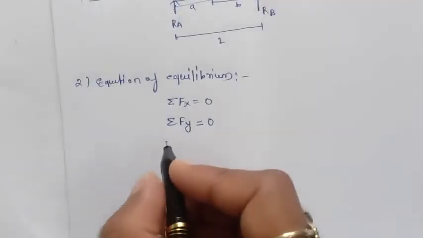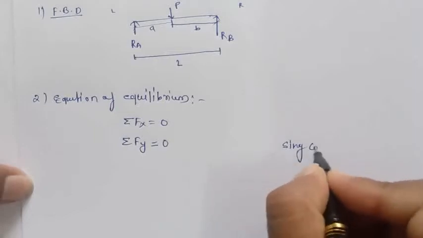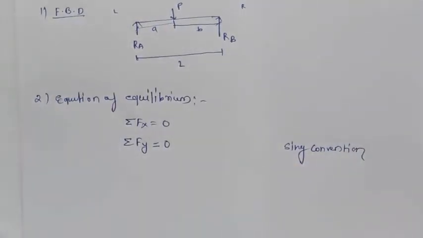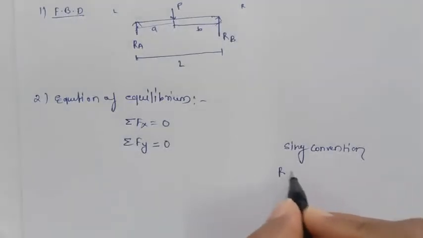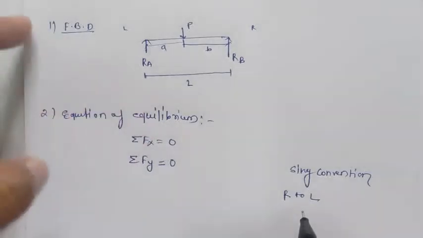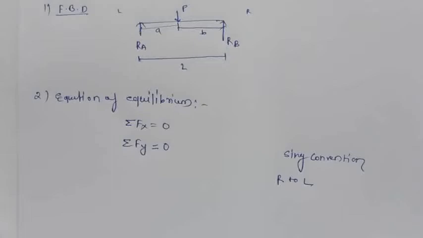Here the vertical forces are taken as per our sign convention. I'm moving right to left in this simply supported beam; you can move from left to right or right to left, no problem.